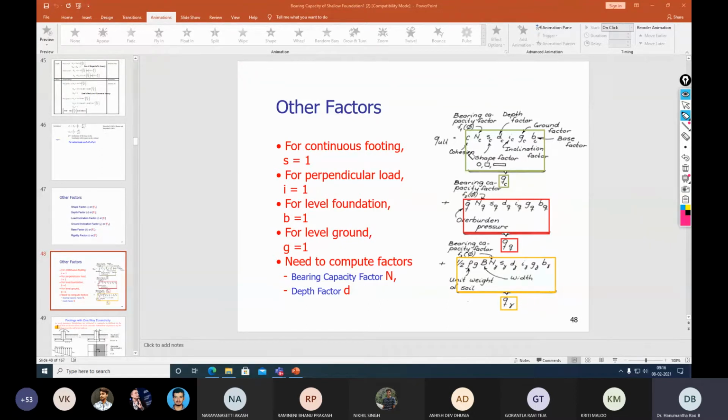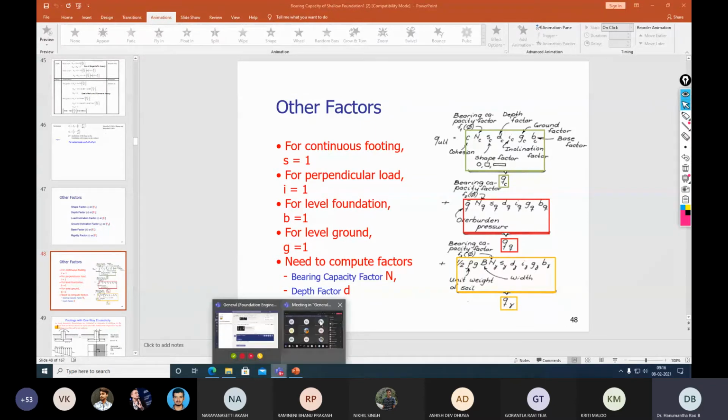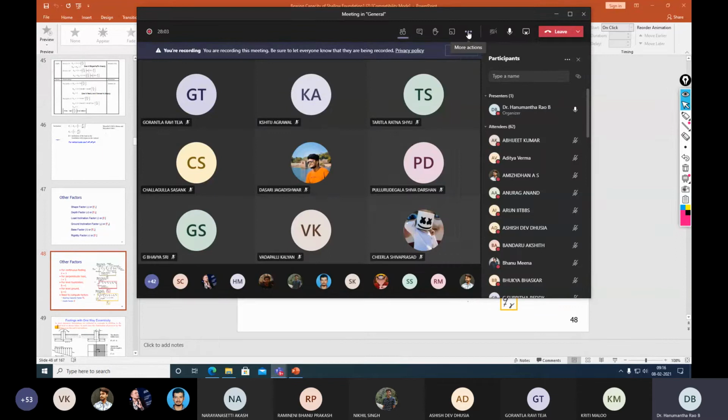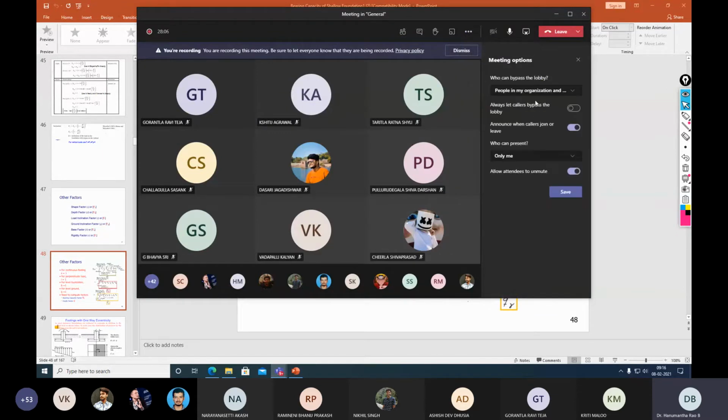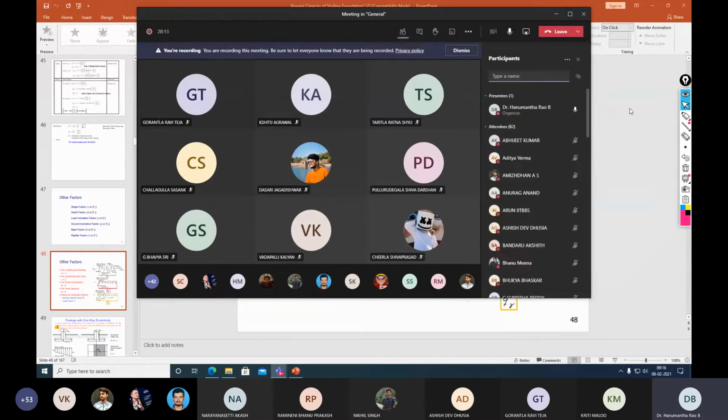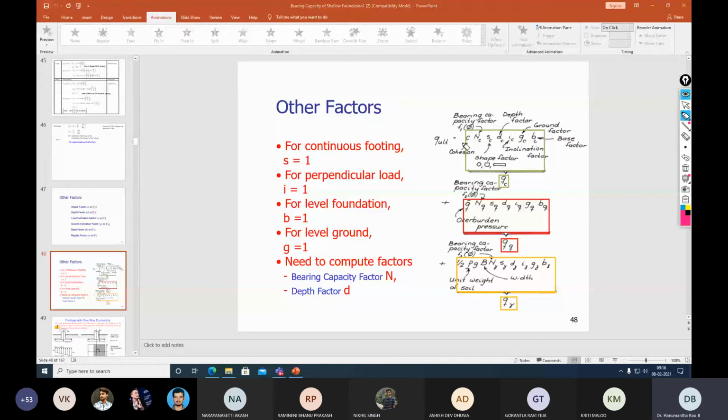So c is the cohesion, Nc is the bearing capacity factor, Sc is the shape factor, Dc is the depth factor, Ic is the inclination factor, Gc is the ground factor, and Bc is the base factor.